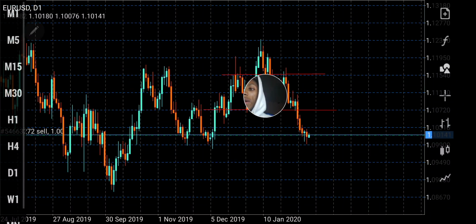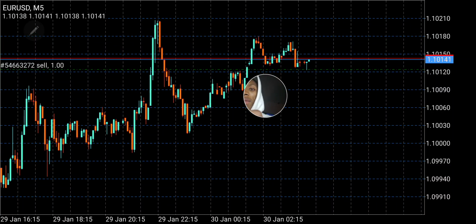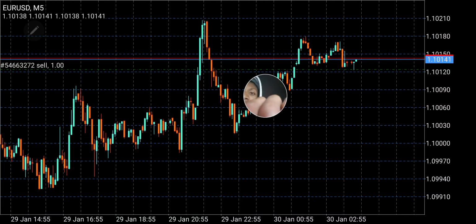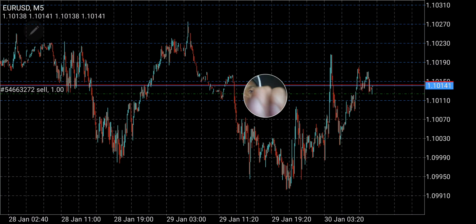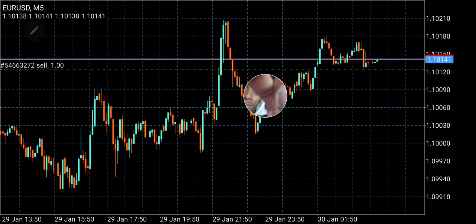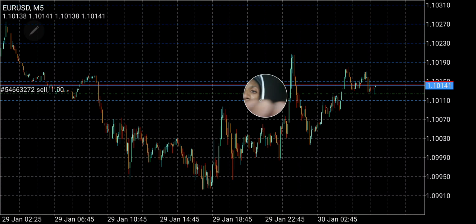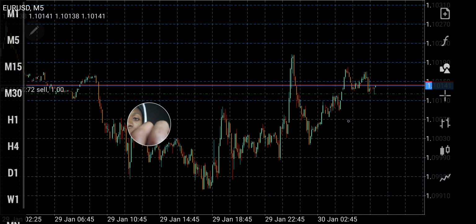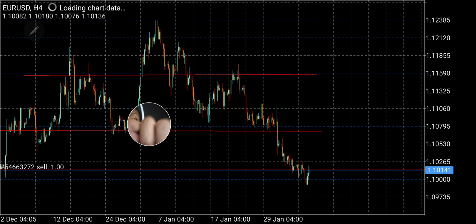Let's go back and check that 5 minute. So, see what it's doing. I'm not even trading, so I don't know why it's even doing that. I'm pressing nothing.